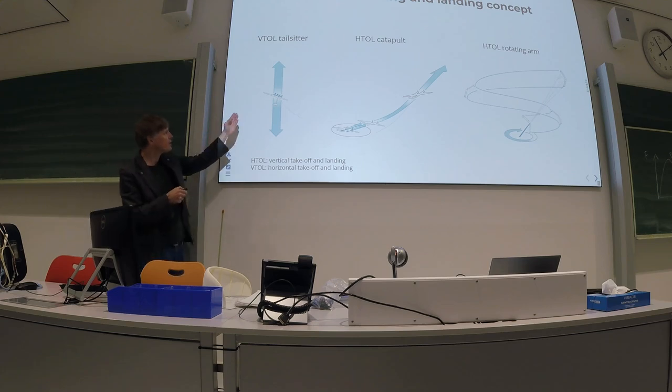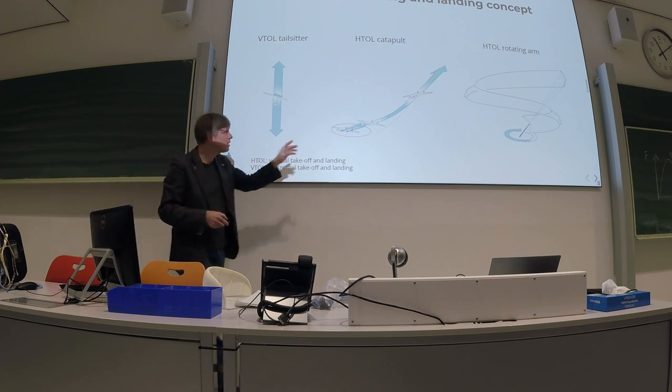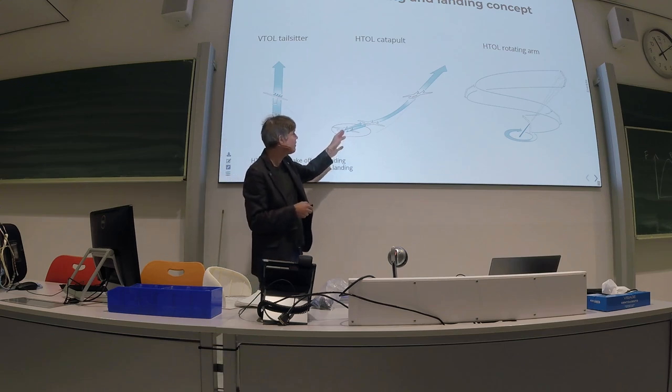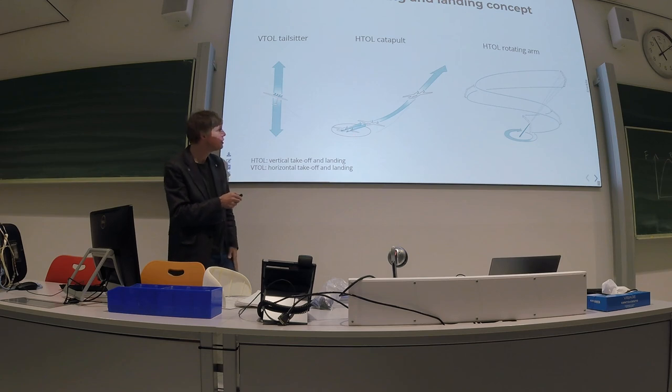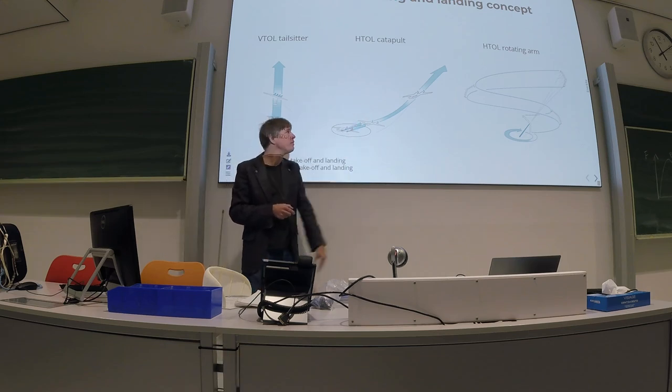So here you see that this drone sits basically on the tail, lifts off vertically for launching and landing, while in this concept we have a horizontal takeoff and landing from a catapult. So the catapult injects kinetic energy into the aircraft so it can lift off.